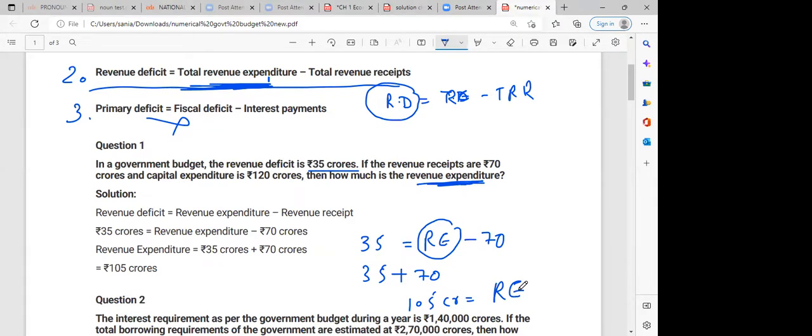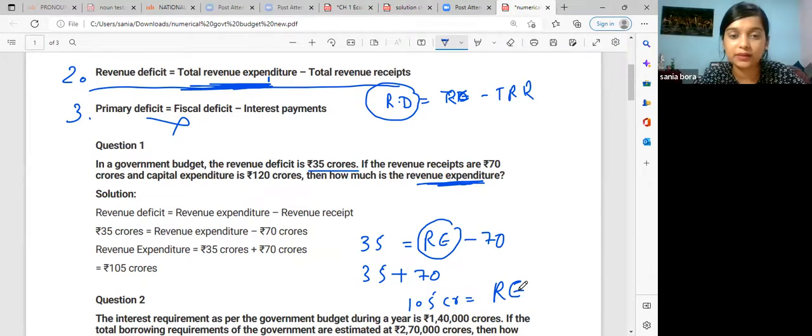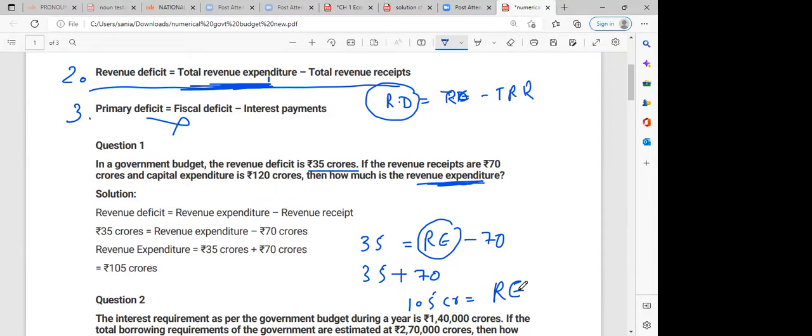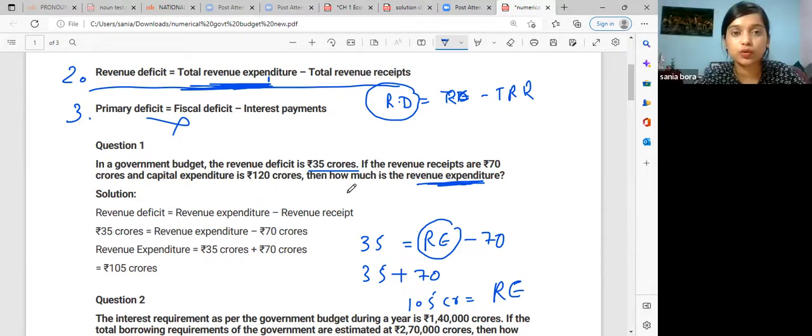Clear? Halima, Mahdi and Mariam, getting it? Yes, ma'am. Okay, those who haven't done it, you can write it and solve it.